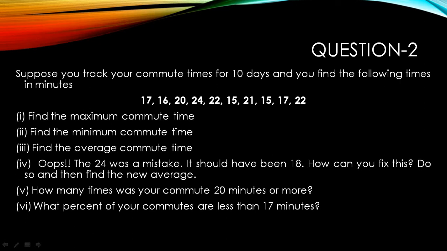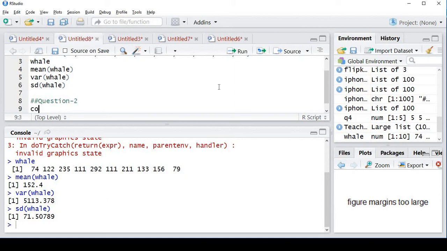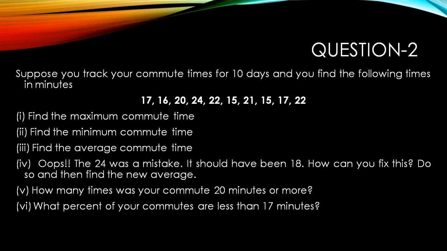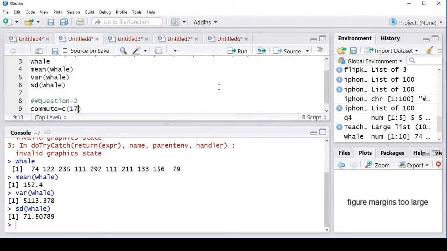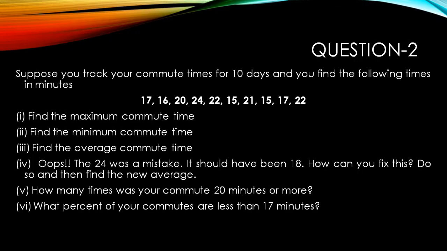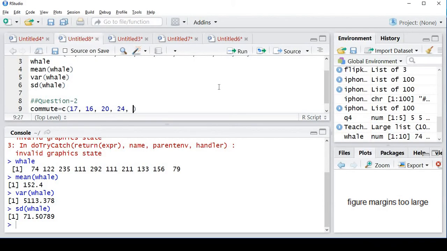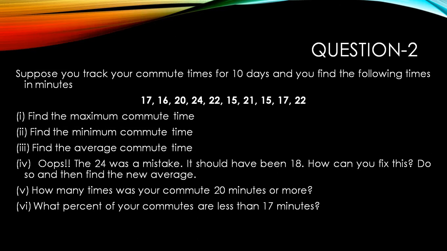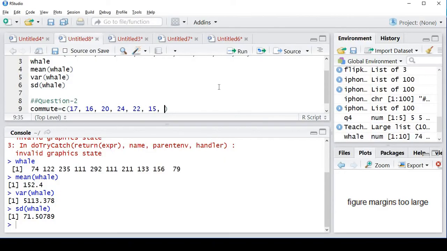Now let's create a variable, or create a vector, for commute time. Okay, let us say commute. This is a variable that I'm creating. So commute is 17, 16, 20, 24, 22, 15, 21, 15, 17, and finally 22.